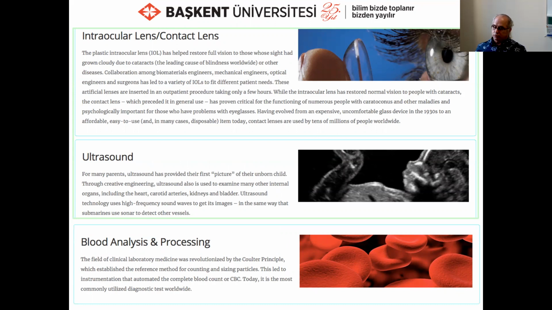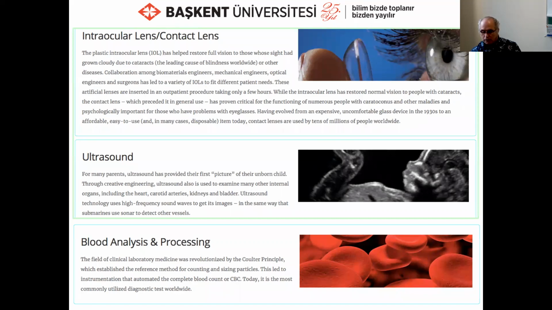When we come to other examples, we can see the contact lenses and also intraocular lenses, IOL. Those were produced during that time, I mean the 60s. And ultrasound also provided the first picture of an unborn child. This is a really very important device, and currently we are using it for both diagnosis and therapy.